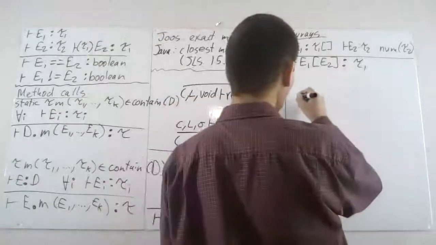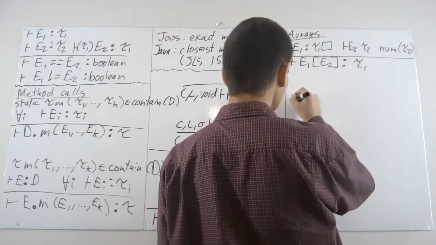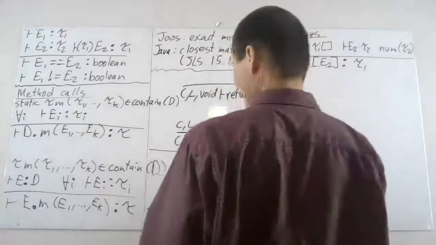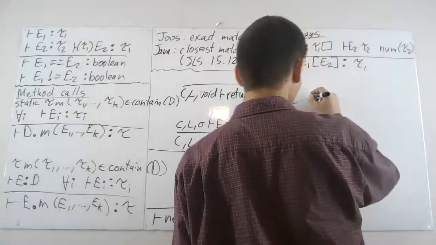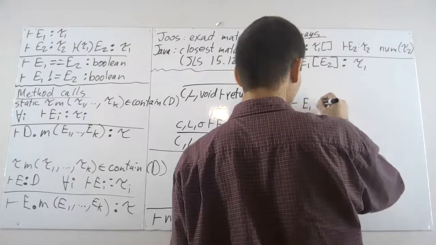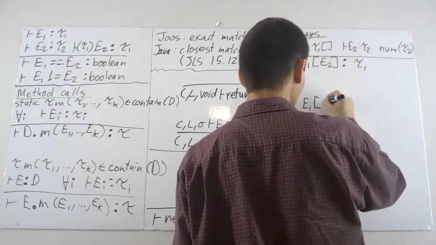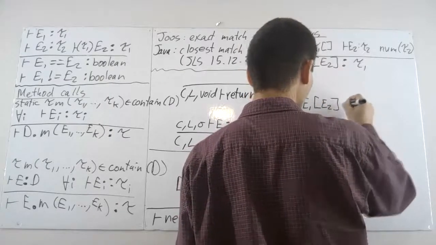Then for writing to an array, we're going to have an array store expression. It's a little bit like when we were writing to a field.